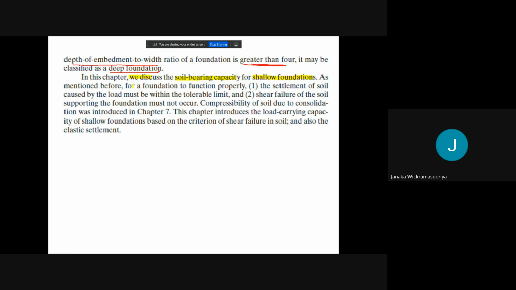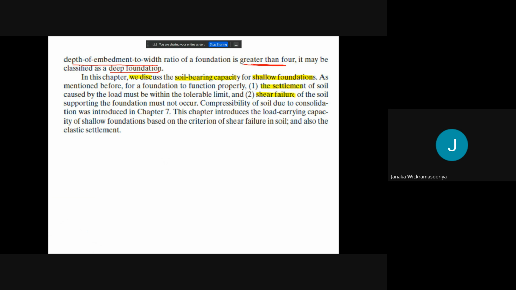As mentioned before, for a foundation to function properly, the settlement of the soil caused by the load must be within the tolerable limit, and the shear failure of the supporting soil must not occur. Therefore, the settlement part would be considered in another section, another topic.